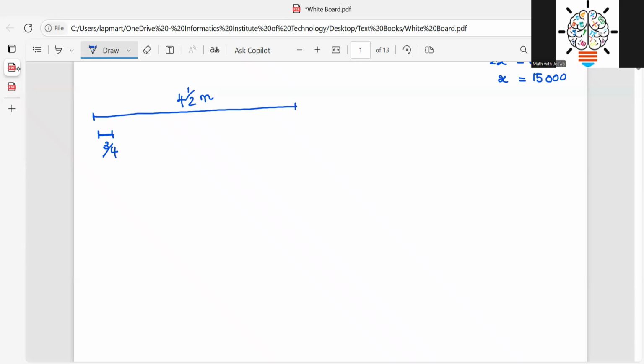So then how are we going to find it? 4.5 is the total length. You divide this by 3 over 4. 4.5 means 9 over 2 divided by 3 over 4. Then 9 over 2 multiplied by 4 over 3.